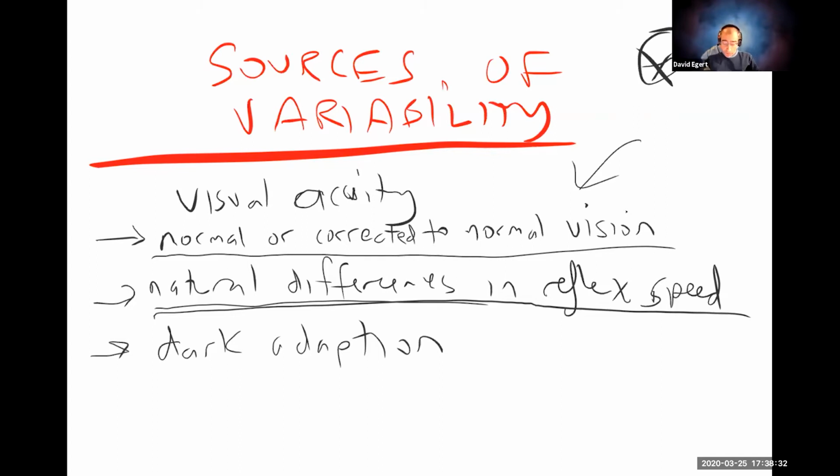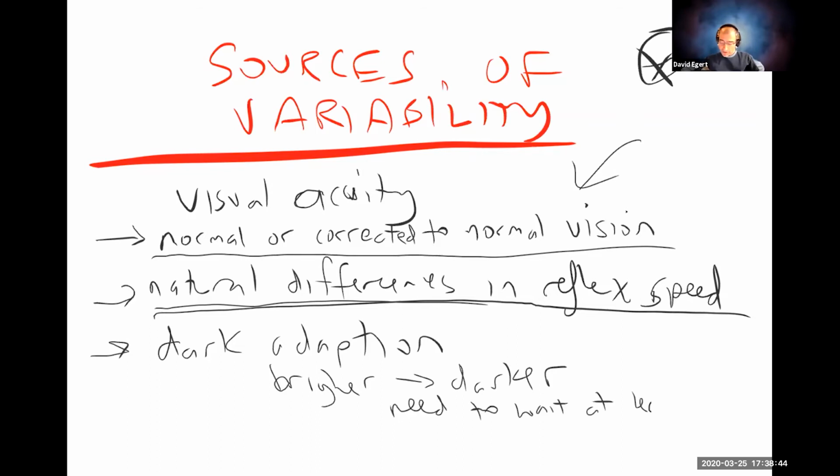So if you go from brighter to darker, you need to wait at least 5 minutes before you get any data, because otherwise you can't trust that the rods are actually working, right?